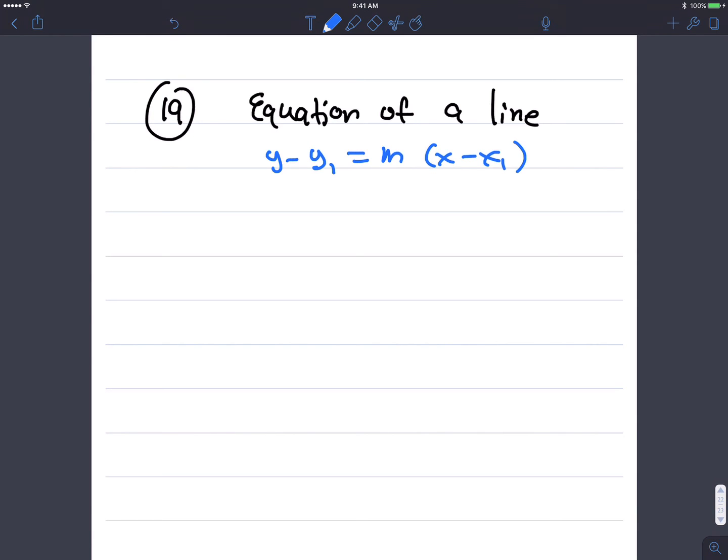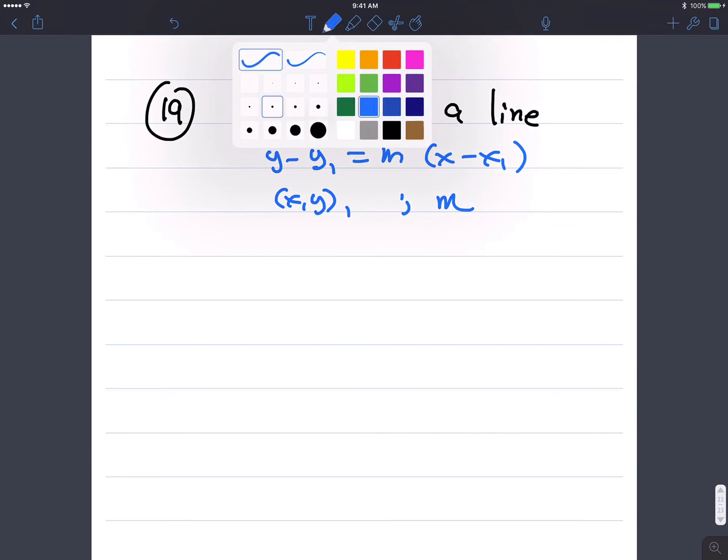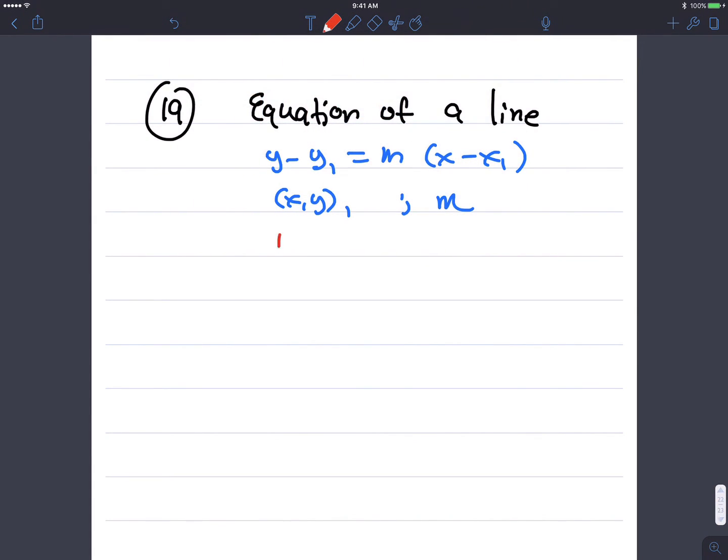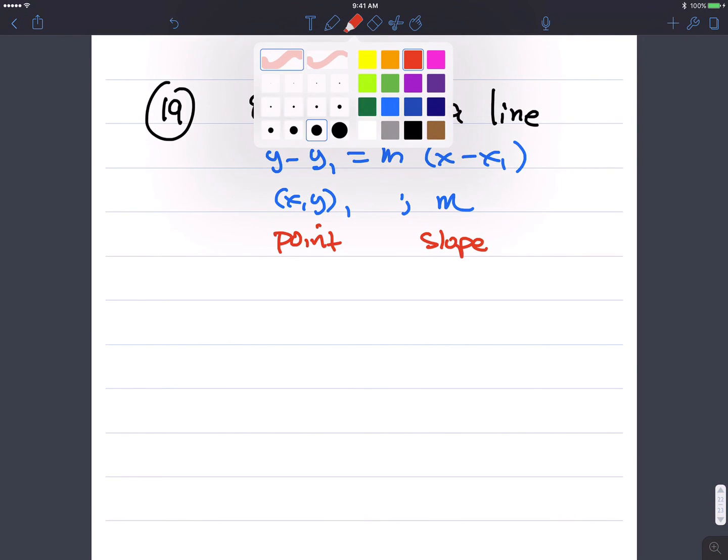Remember, to use point slope form, you need a point and you need a slope. So let's write this in red. We need a point, we need a slope, hence point slope form.